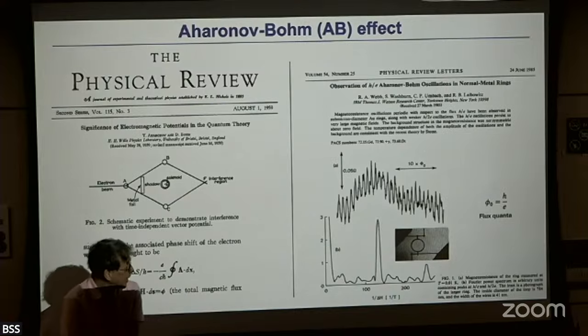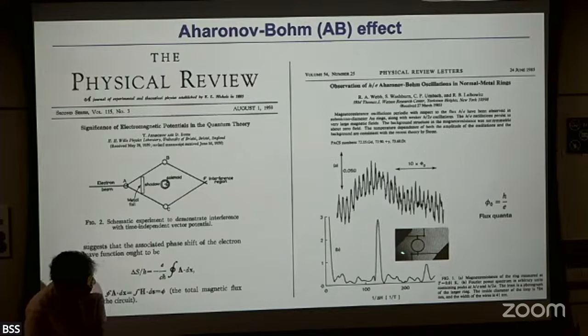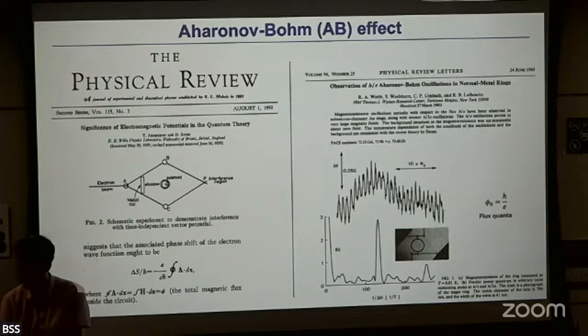What they did is pattern gold rings, with size about, I believe, 100 nanometers, and then measure simply the resistance across this gold ring while applying a magnetic field to the system. They see the resistance oscillating, and this oscillation period is, of course, related to the Aharonov-Bohm flux threading through.